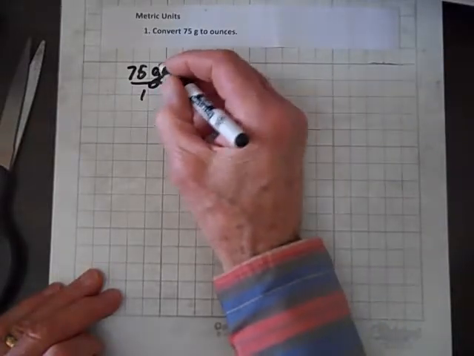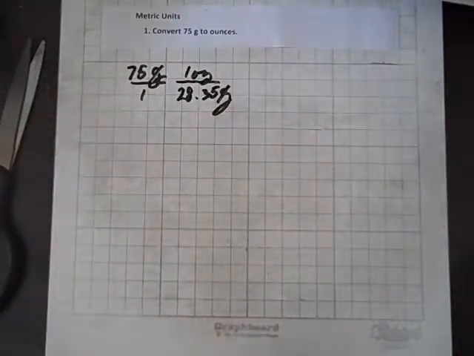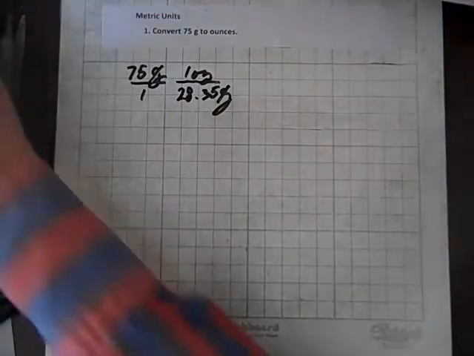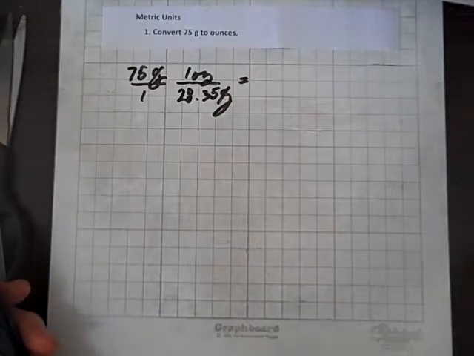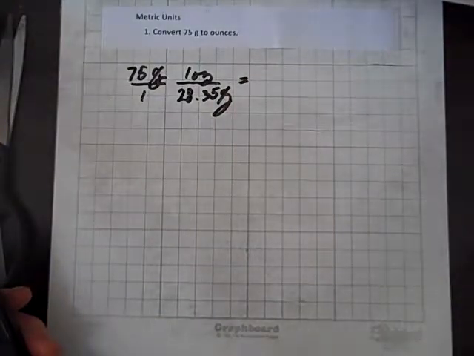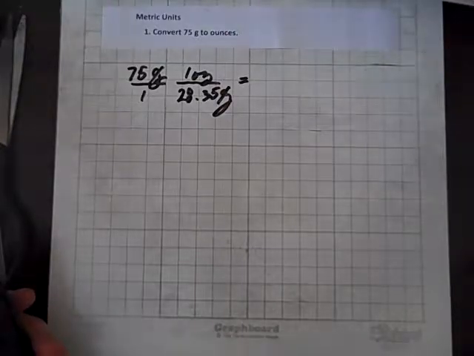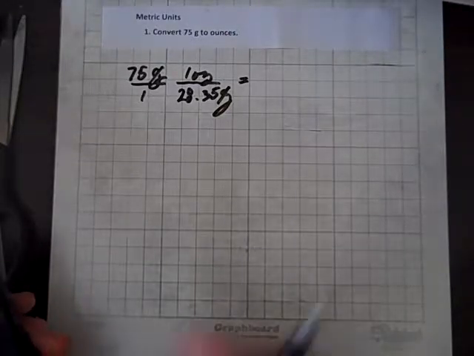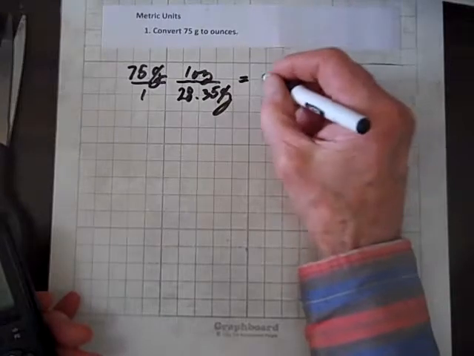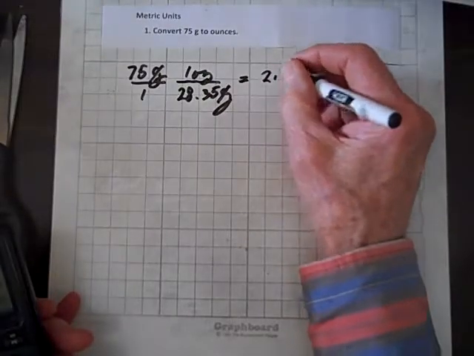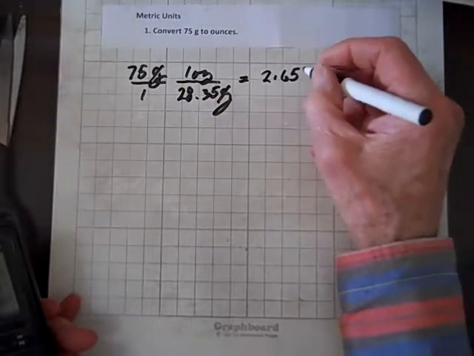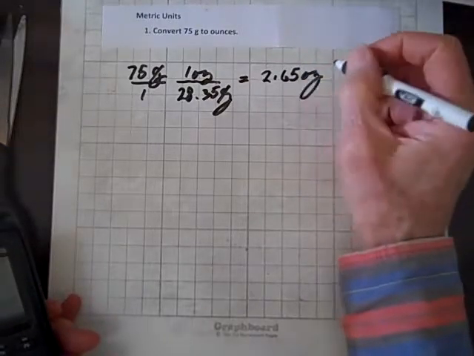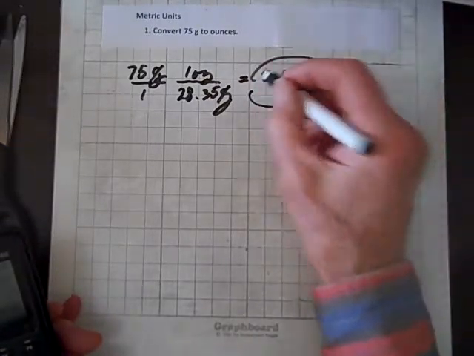Now the grams will divide out, and when we carry out that division, we get 2.6, and we'll round this up, 2.65 ounces. And there we have it.